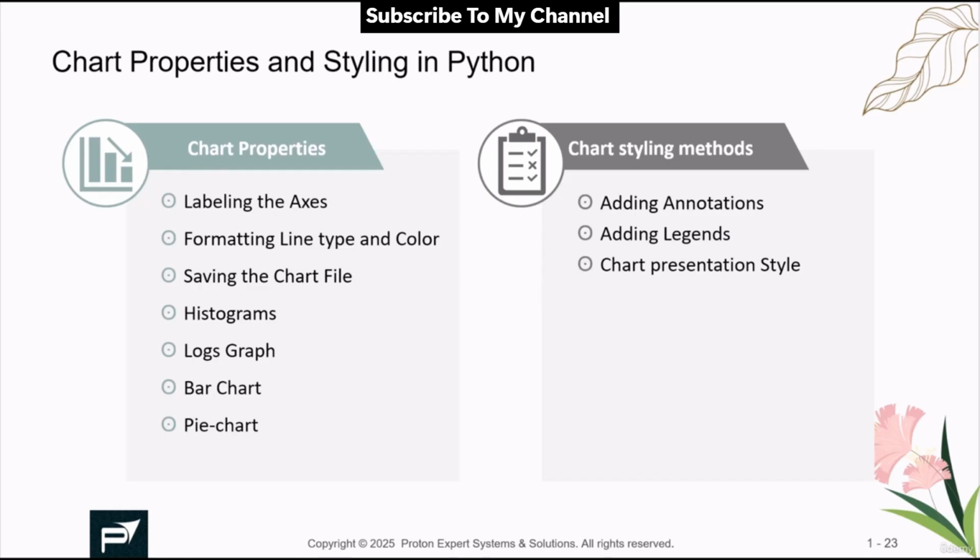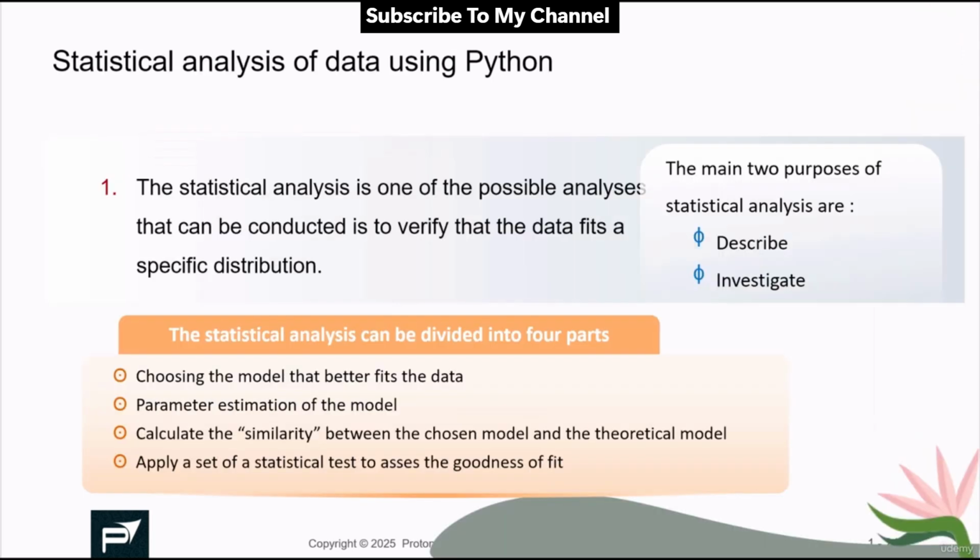Let's understand the statistical analysis of data using Python. The statistical analysis is one of the possible analyses that can be conducted to verify that the data fits a specific distribution. The main two purposes of statistical analysis are describe and investigate.